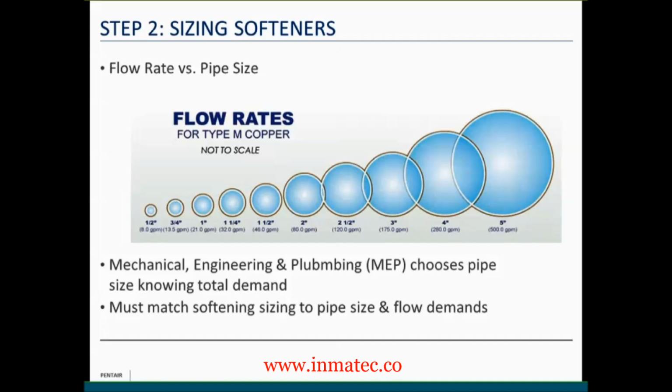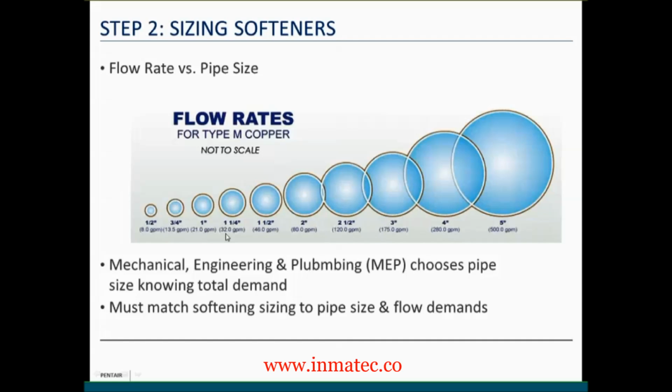And as you can see, from a 1-inch pipe to a 2-inch pipe, we quadruple the water flow. So this is an exponential curve in how much water flow a piece of plumbing can handle.